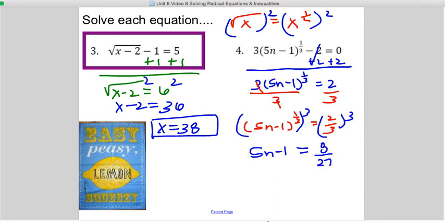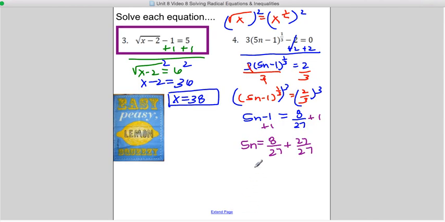Then I would go ahead and add 1 to the other side. So I have 5n. If I add 1, I'm just going to rewrite it. I would have 8 over 27 plus 27 over 27, so we can keep it as a fraction. So I have 5n is equal to 8 plus 27, which is 35, so 35 over 27.